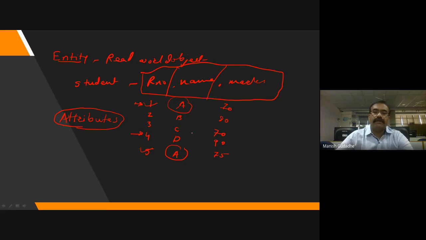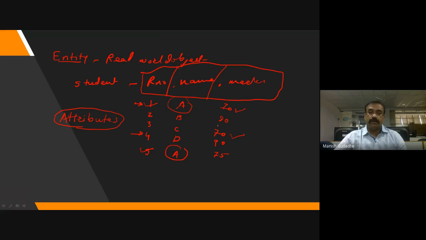Name becomes a prime attribute. I cannot distinguish two students using marks because two of the students have the same marks. So a student with mark 70, I am going to get two students. But student with roll number 3, I am going to get only one student.